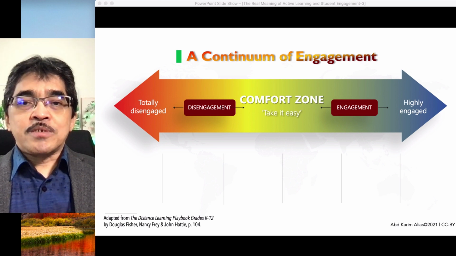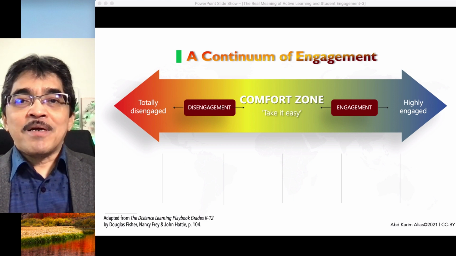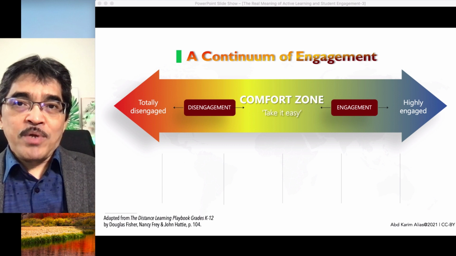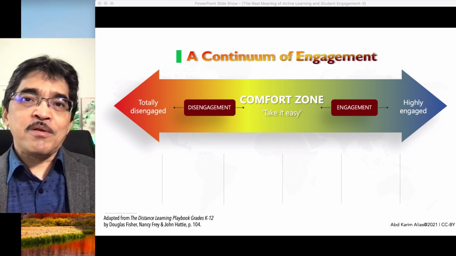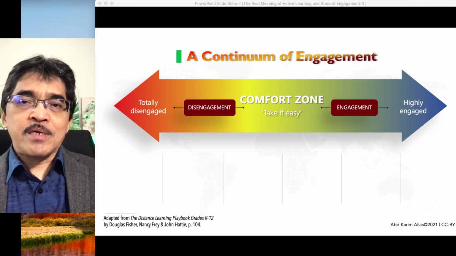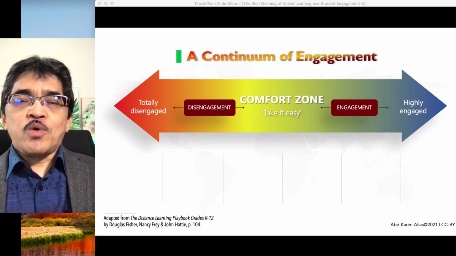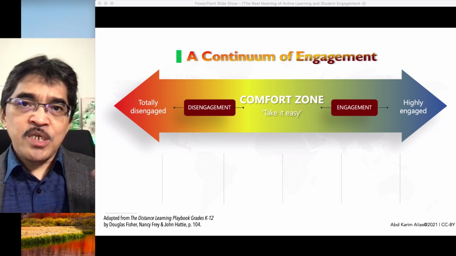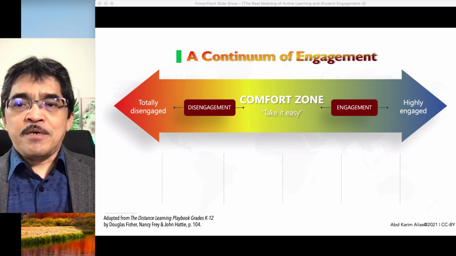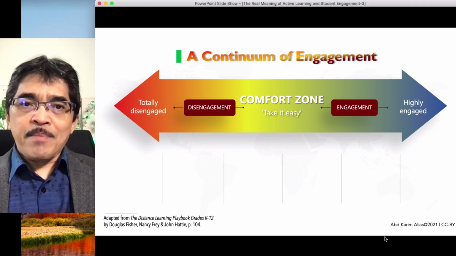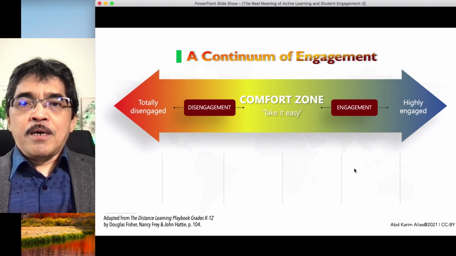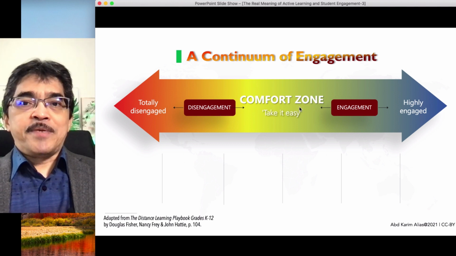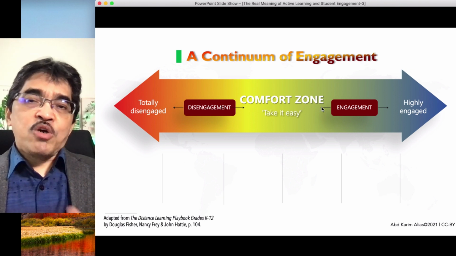Although the book is for K-12, the idea of student engagement that we are discussing here is applicable to any level, including higher education. Apparently, engagement is something we can visualize as a continuum. As you can see on the slide, we can visualize it as a spectrum, or a continuum.